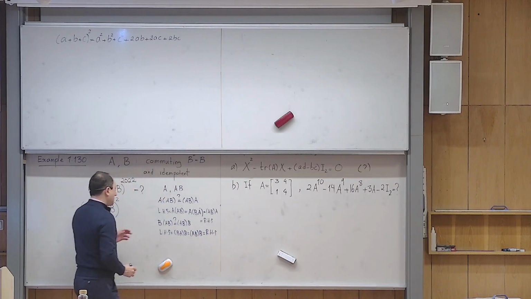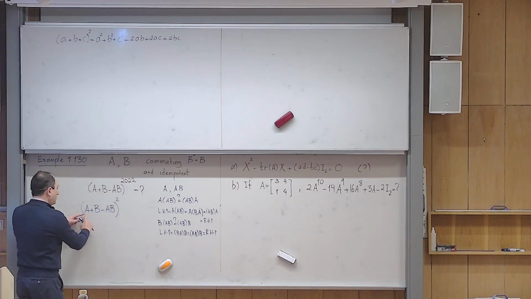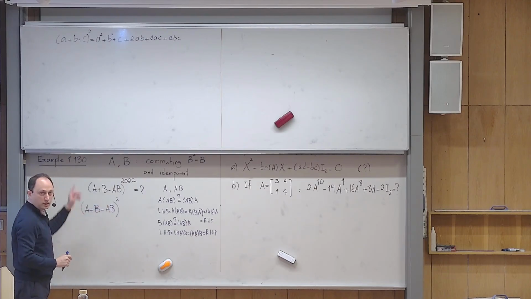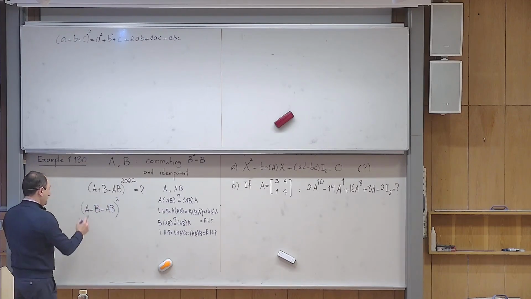So this means that yes, now I am on the safe side. Not only A commutes with B, A commutes with AB, and B commutes with AB. So I can safely use that identity up there.